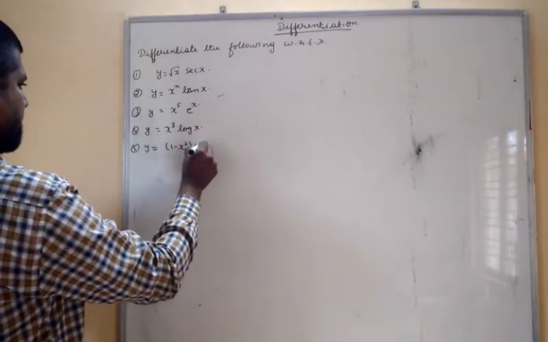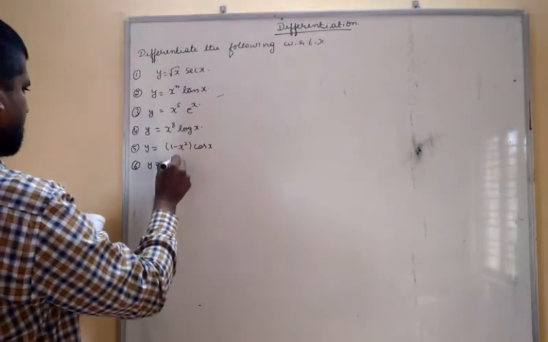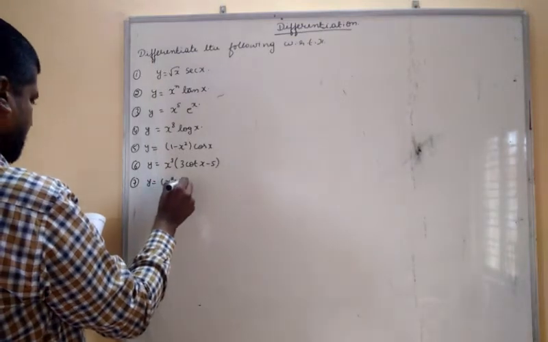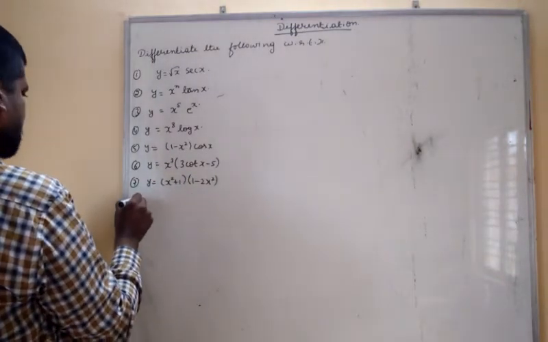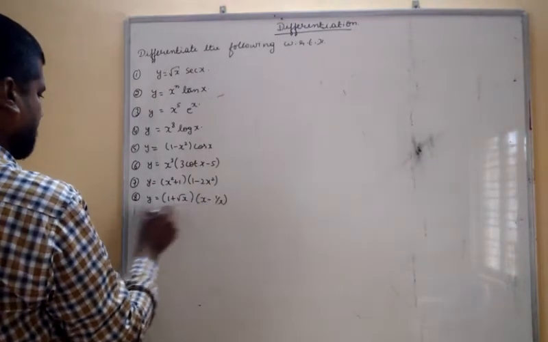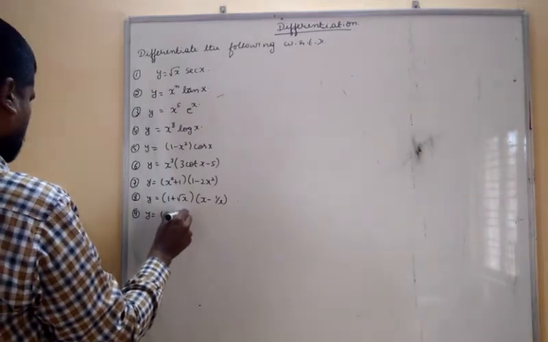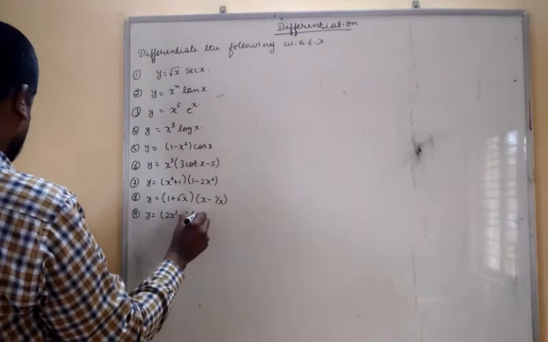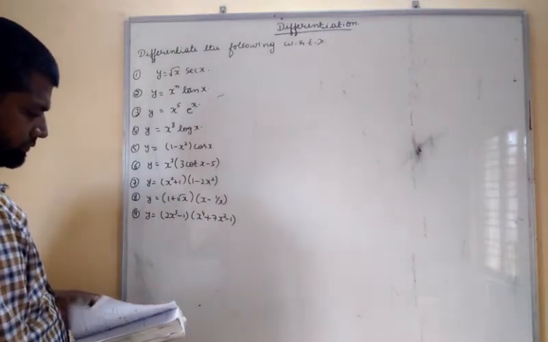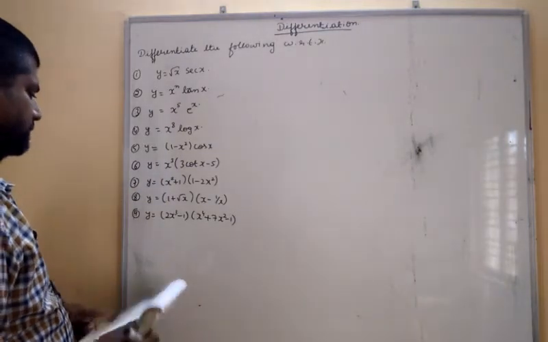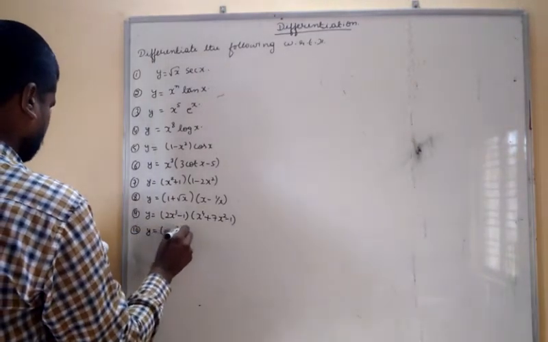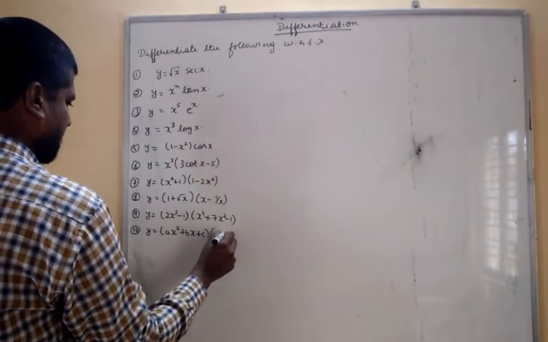One minus x square into cos x. x cube into 3 cot x minus 5. x square plus 1 into 1 minus 2x square. 1 plus root x, x minus 1 by x. 2x cube minus 1 into x to the power of 4, 7x square minus 1. ax square plus bx plus c into ax plus b.